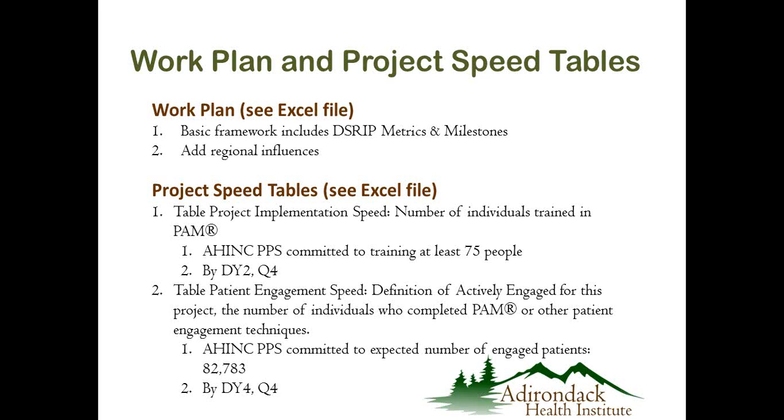What we need to do now is to show DOH the commitments by quarter. So ideally, we would tie those quarterly commitments to the specific organizations that are part of the project. I know that the project team is being built. We're looking at different organizations that might want to be part of implementing and of doing the activation and engagement activities and completing the PAMs.